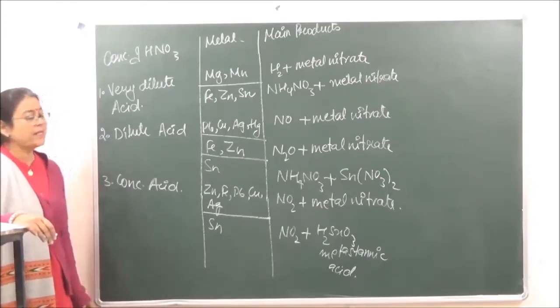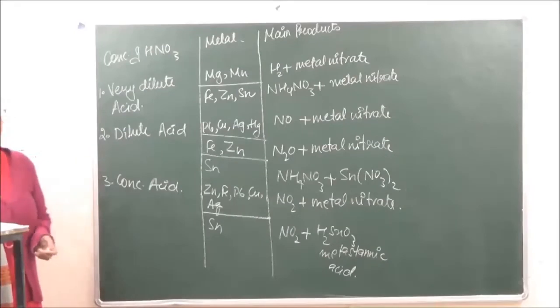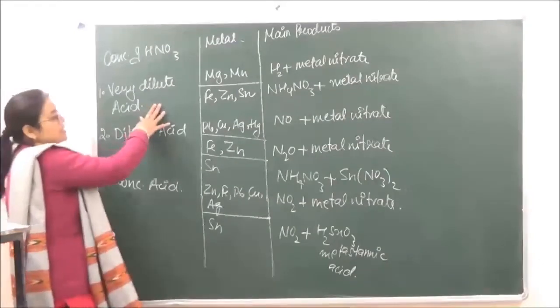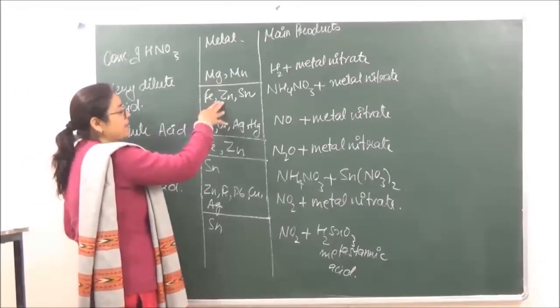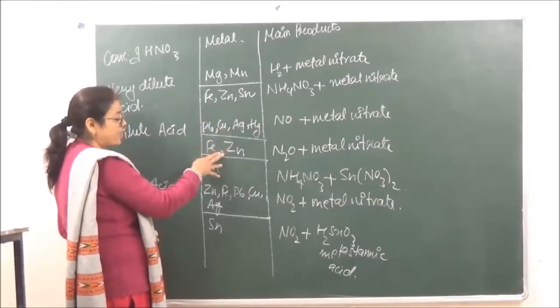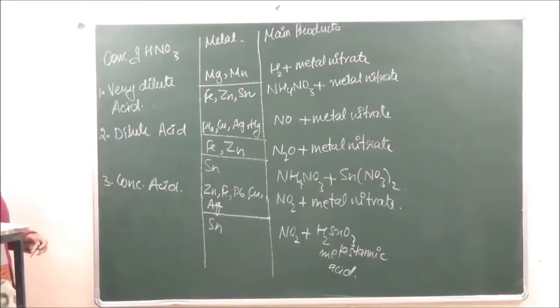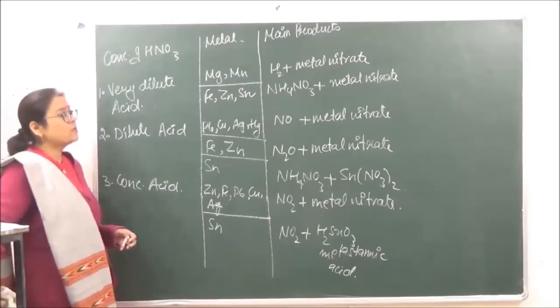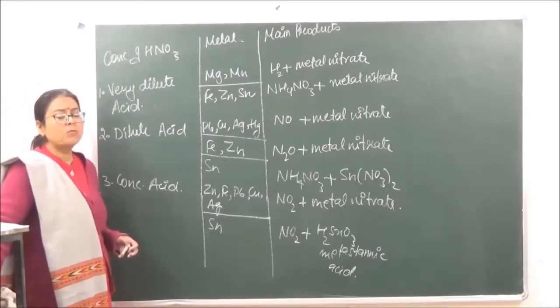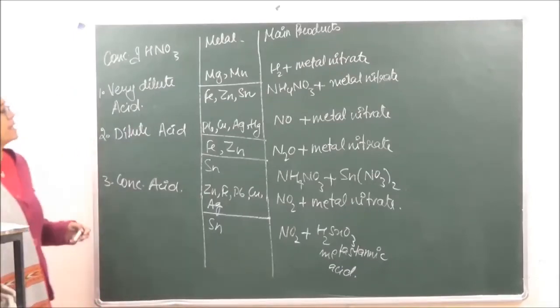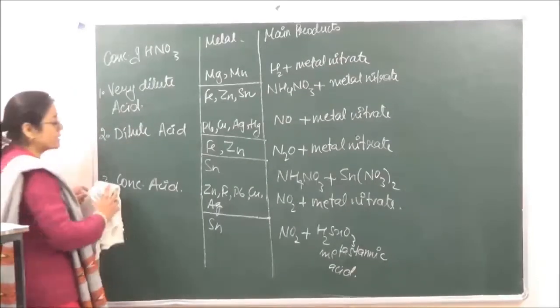Now over here there are metals which are going to become passive. Over here we are seeing that Mg is reacting, iron is reacting, lead, copper are reacting. So they are reacting with all three types of acids. But then there are certain metals which are rendered passive when we react them with acid. So let us see what those are. Okay?